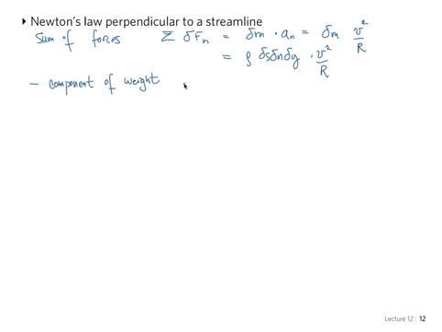now is the minus weight times the cosine of theta. We can write this as minus gamma times the volume, ds dn dy, times the cosine of theta.